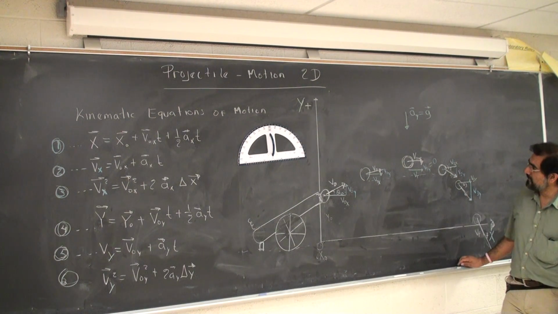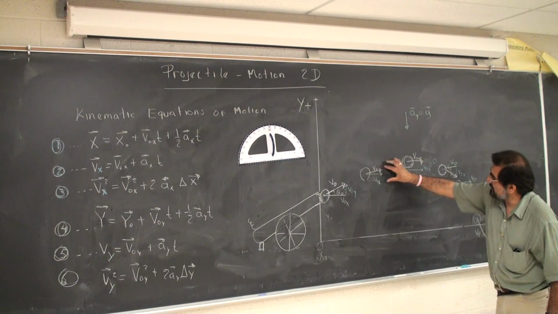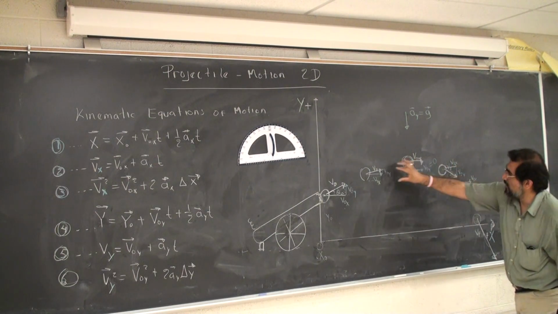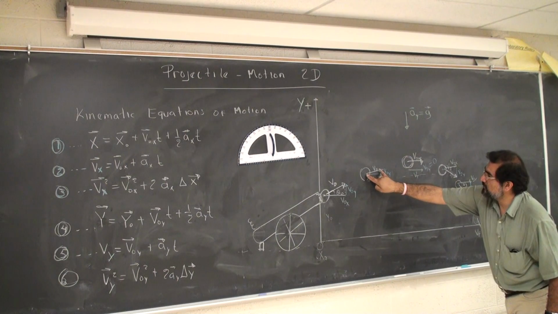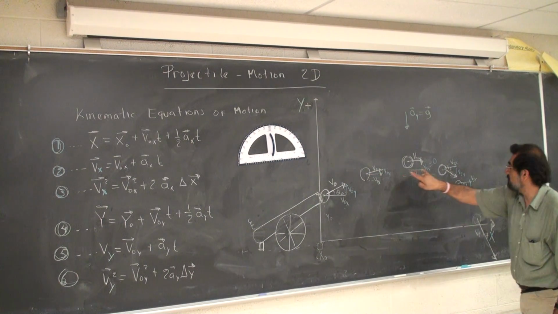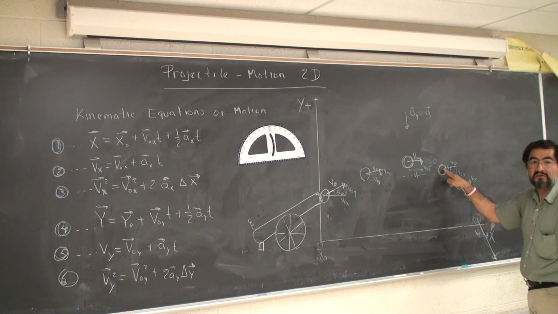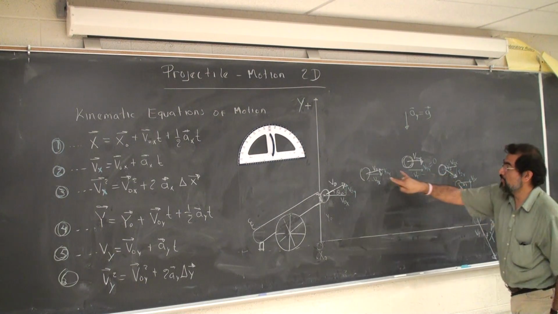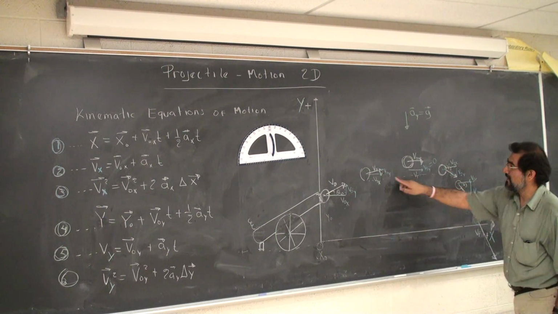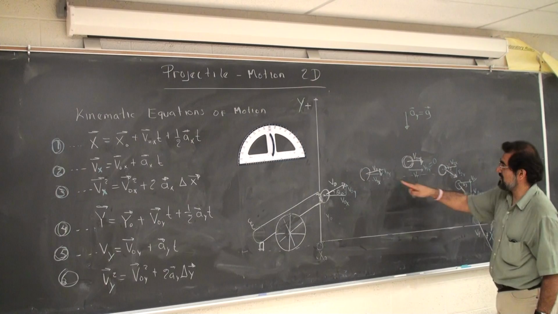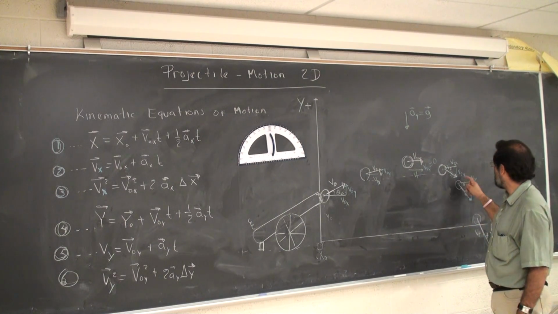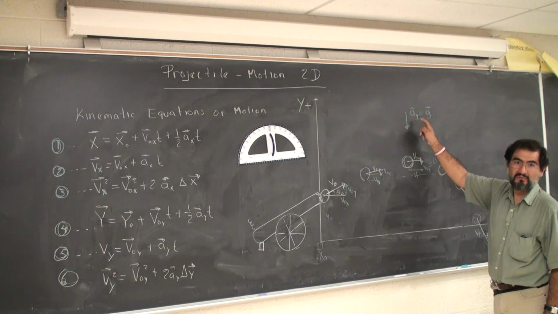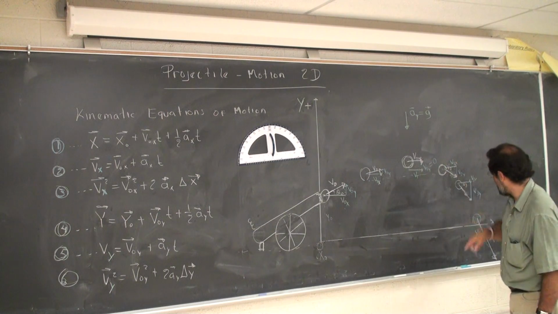In fact, if we put them exactly at the same level, the magnitude of one velocity is going to be exactly the magnitude of the other velocity, but not the direction. Why? Because we are going to have a change in the velocity in y. Where does that change come from? The acceleration of gravity.